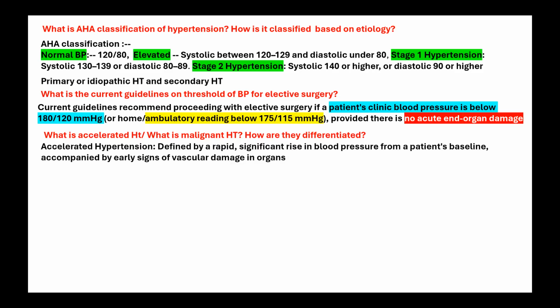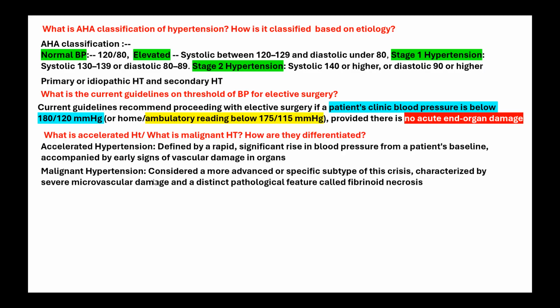Accelerated hypertension is defined by a rapid significant rise in blood pressure from the patient's baseline, accompanied by early signs of vascular damage in organs. Whereas malignant hypertension is a more advanced and specific subtype of this crisis, characterized by severe microvascular damage and a distinct pathological feature called fibrinoid necrosis.